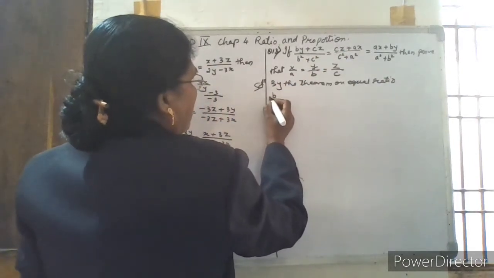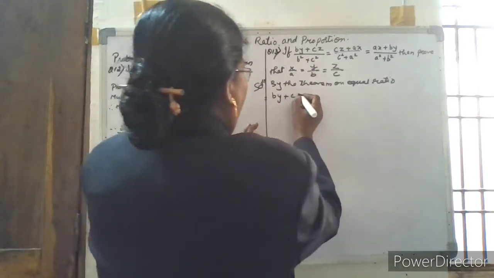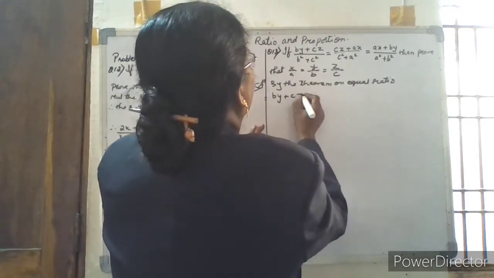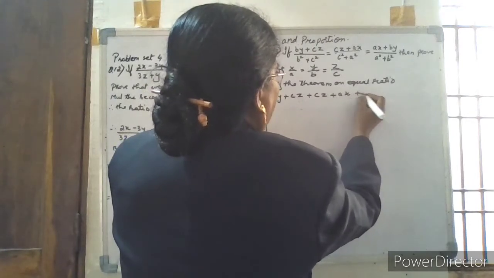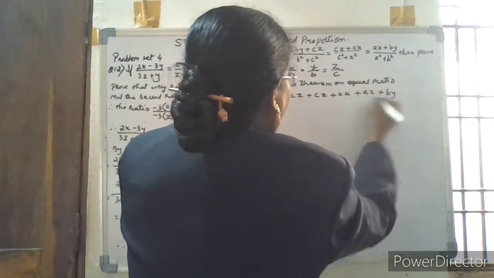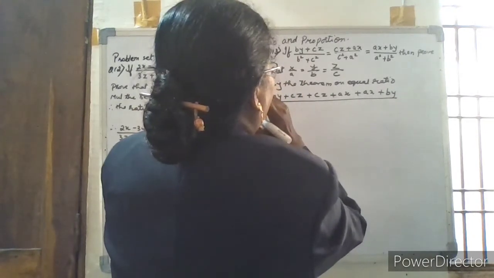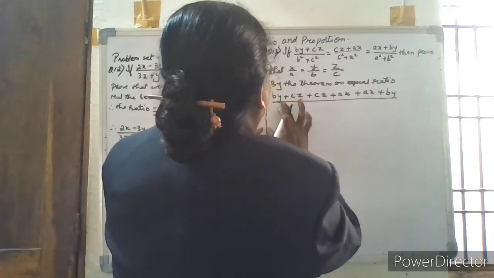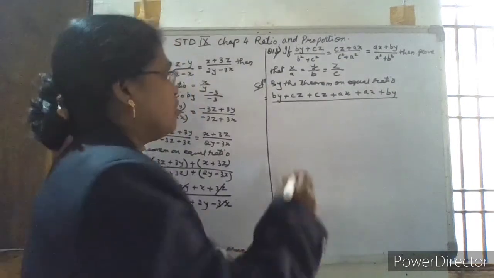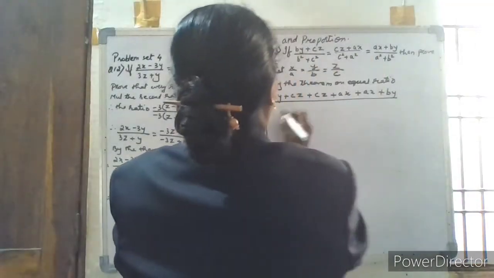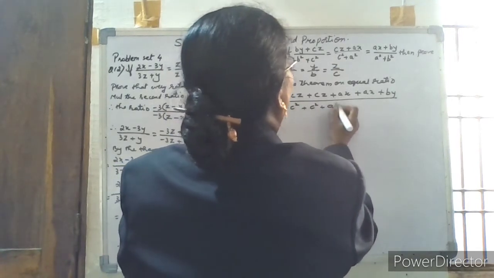It is equal to (ay plus bx plus cz plus...) the sum of the numerators upon here, b squared plus c squared plus c squared plus a squared plus a squared plus b squared.